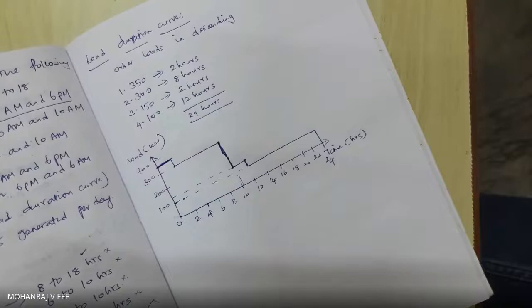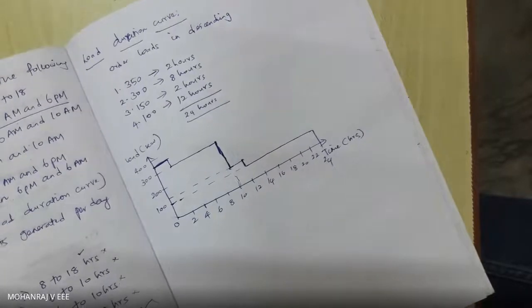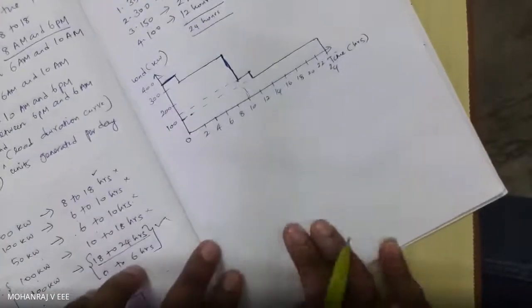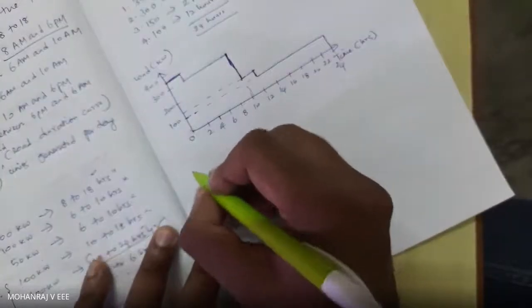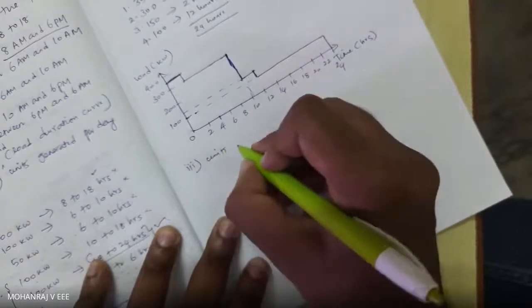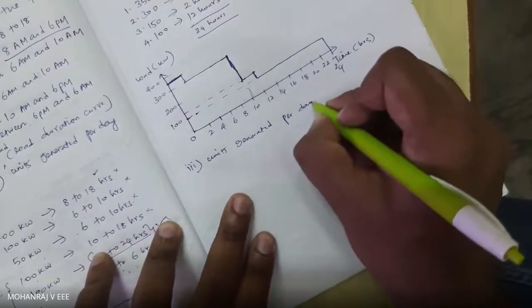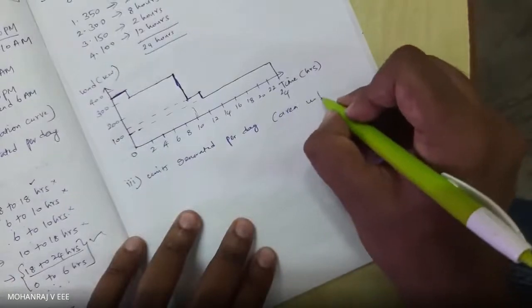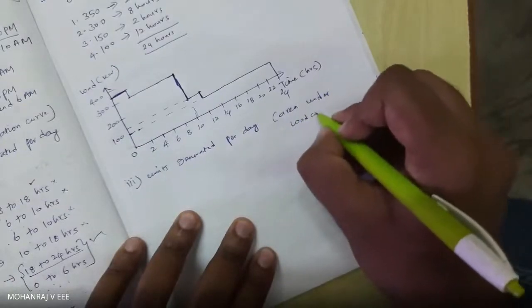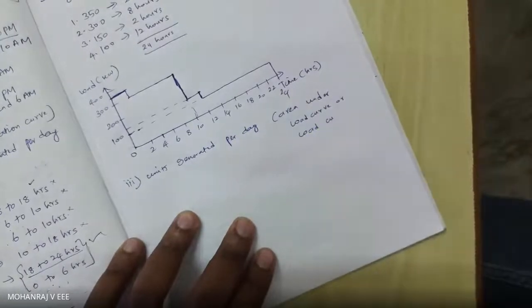The area under your load duration curve is the units generated per day. So now let us calculate the units generated per day. That is my third subdivision. To calculate the area under the load curve, we can even use the load duration curve because both have the same area.